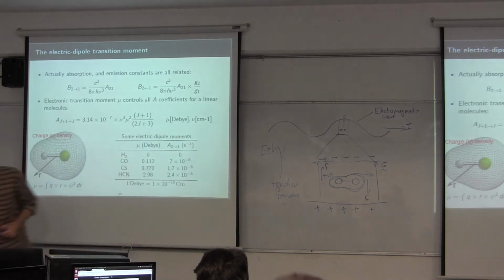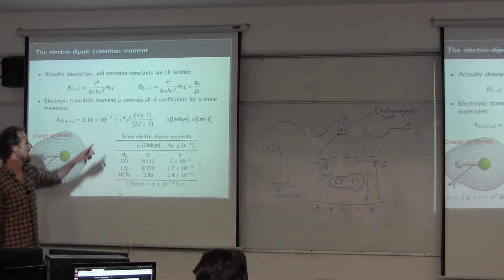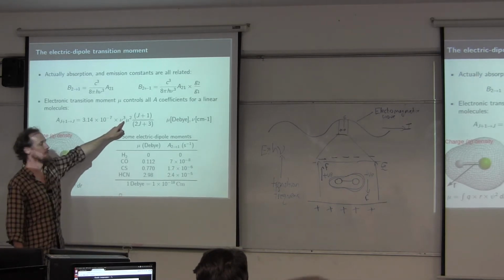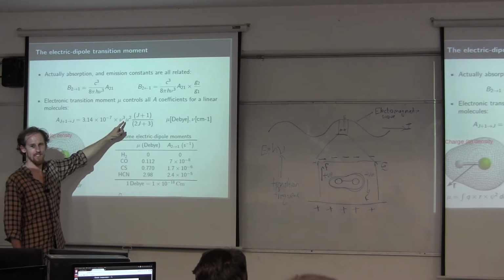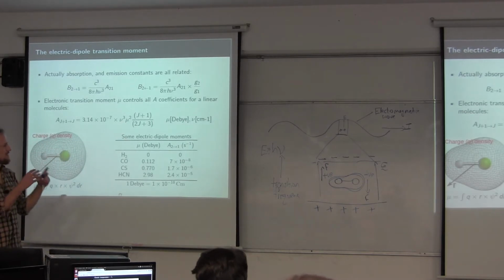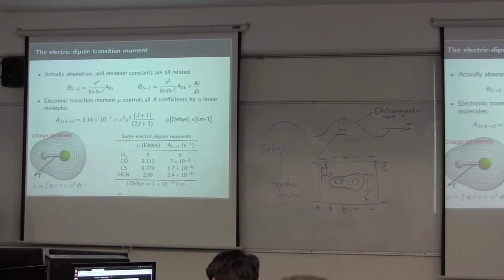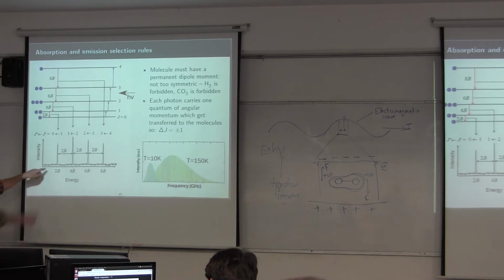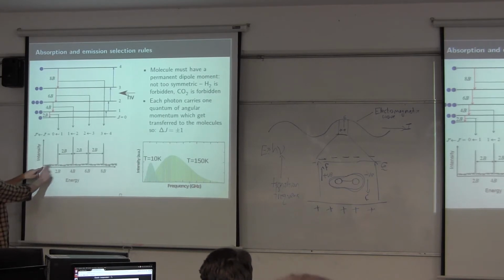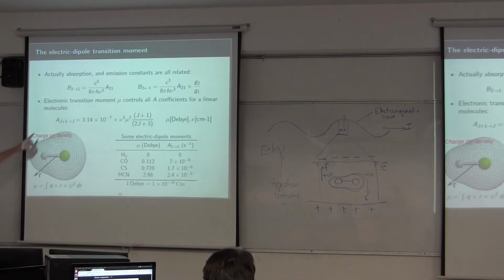Okay. And the really important point here is that this is not just nu, this is nu cubed. So if you have a transition which has a small frequency, like this one, this is the frequency of this transition, 0 to here, then it has a certain susceptibility to being rotated in an electric field. This means the emission constant will be bigger by a factor of cubed of nu.